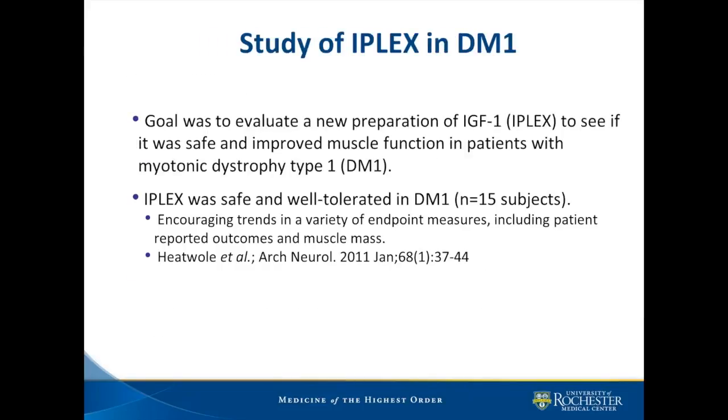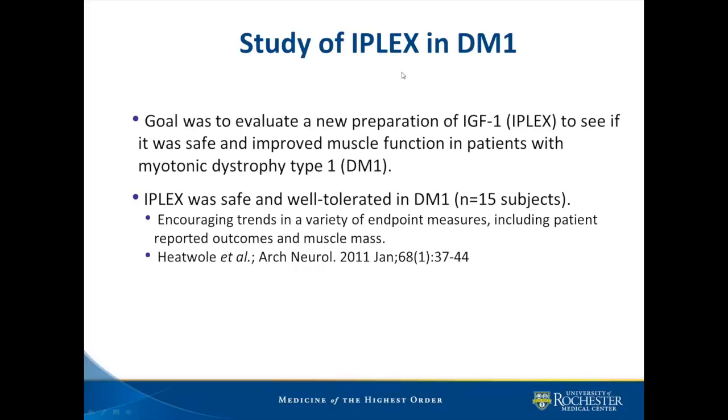Because of that, we embarked on a treatment trial with a preparation called iPlex. iPlex is a combination of IGF-1 attached to a little protein called IGF binding protein 3, and there are about 6 of these binding proteins, but without going into the details, that binding protein is very important in carrying IGF-1 to different target tissues within the body.